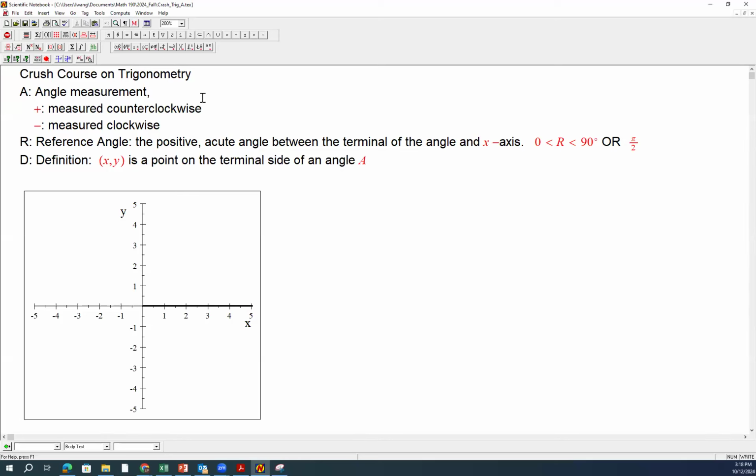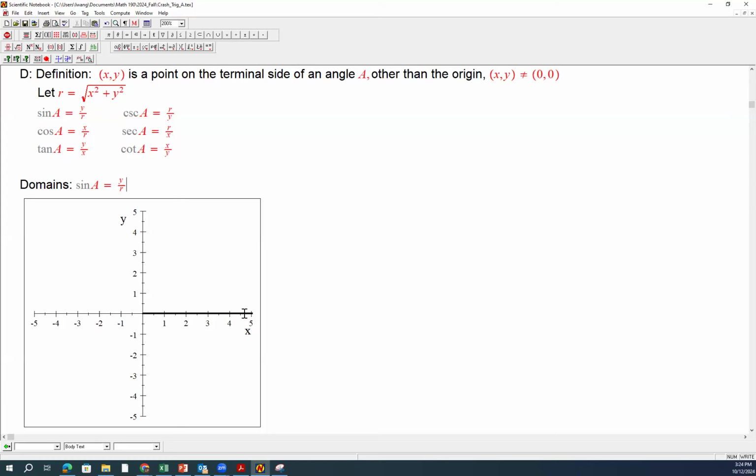So from these discussions, we can see the domain. We can have some discussions about the domain. Because sine of A is y over r.